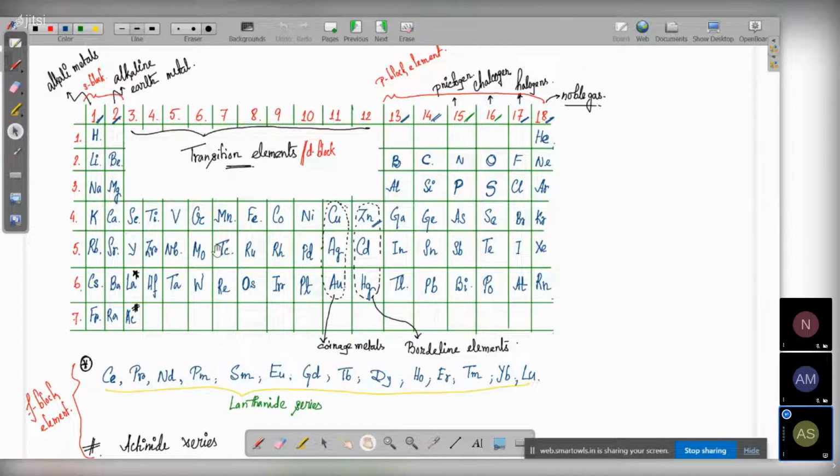Are you all well practiced with it? Yes, sir. Okay, because we'll be needing them here. If not, it will be a problem to quickly catch up with what we are writing and how we are writing.